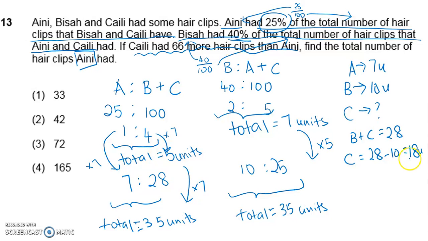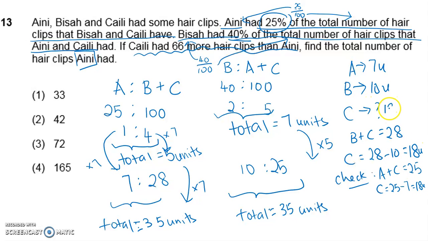Okay? You can also check, seeing that A plus C, we know that A plus C is 25 units. And we know that A is 7 units. So C equals to 25 minus 7. 25 minus 7 is also 18. So C is actually 18 units.